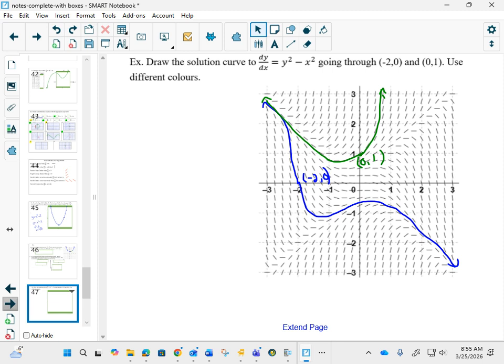Did yours look similar? And what's interesting about slope fields is that green one and that blue one look totally different as far as graphs go. And that can sometimes be the case depending on your initial condition.